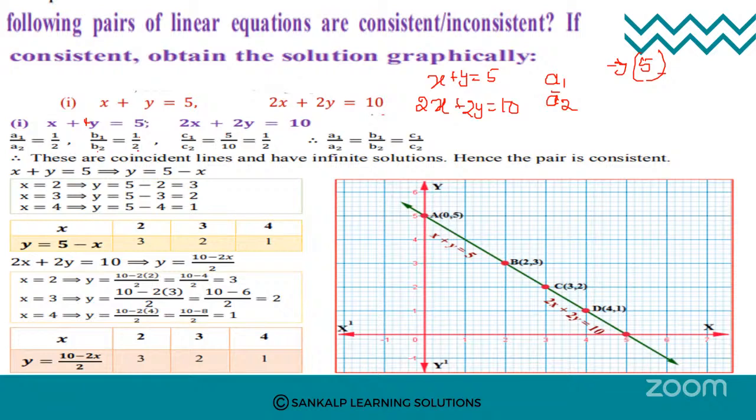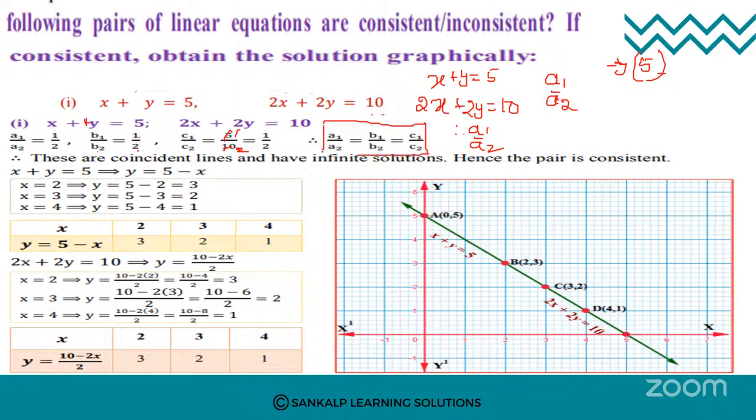C1 divided by C2, 5 divided by 10. 5 ones are 5, 5 twos are 10, so this is also 1 divided by 2. Therefore, A1 divided by A2 is equal to B1 divided by B2 is equal to C1 divided by C2. That means these are coincident lines.